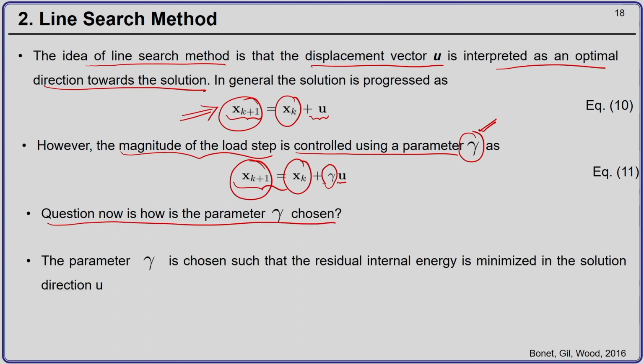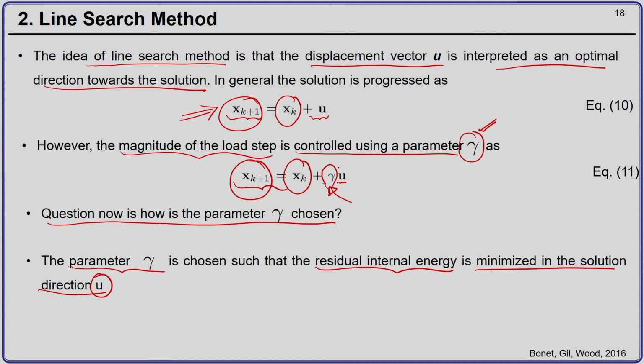To do this, we follow the idea that gamma would be a value that will make the residual energy minimum in the solution direction u.